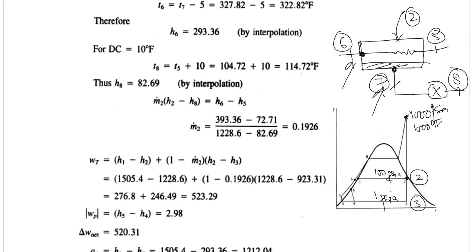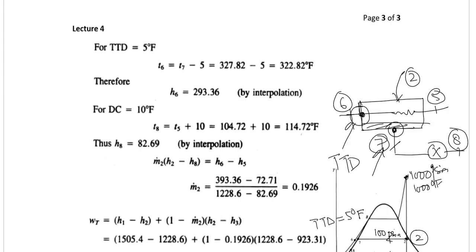So normally there is some terminal temperature difference between them, and that is what is being shown over here. If you can imagine, these 2 points are a little bit far apart, and that's what we call the terminal temperature difference, which is given as 5 degree Fahrenheit. In other words, the temperature at 7 is 5 degrees greater than the temperature at point 6. This is what we call the terminal temperature difference.